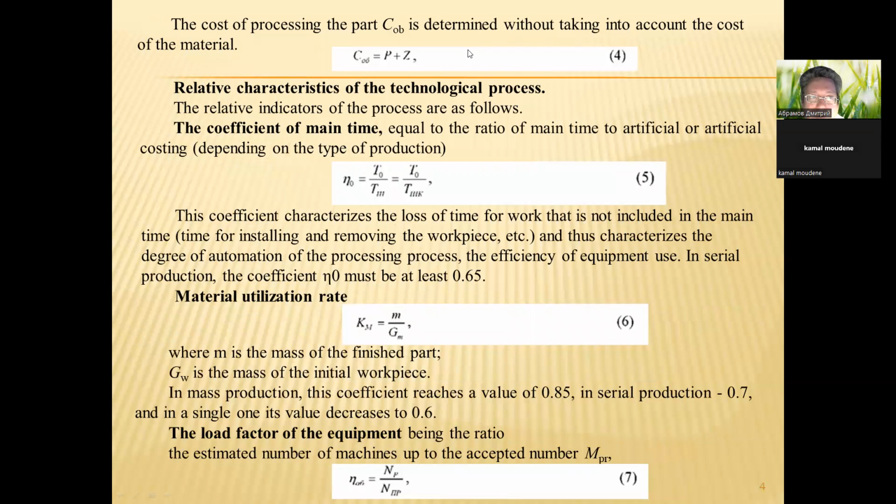The cost of processing the part is determined without taking into account the cost of the material, P plus Z. It's formula 4.